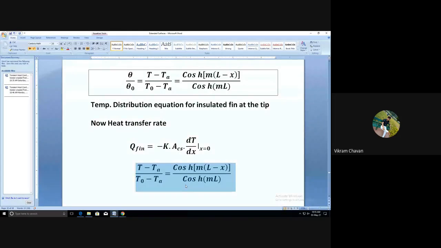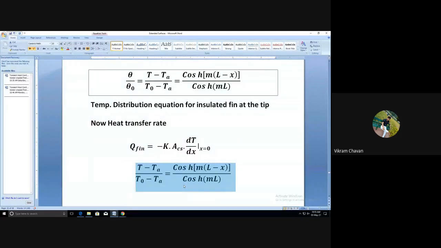For that, we have to differentiate the temperature distribution equation to determine dT divided by dx, and then put x equal to 0 in that equation. Only then will we get dT divided by dx at x equal to 0.